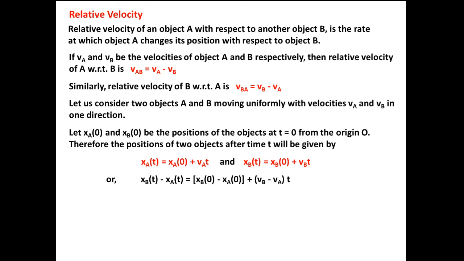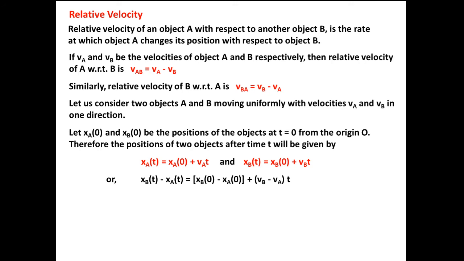Now we have to find the relative. So what will be x of B at time t minus x of A at time t? We have to subtract, then we will get x of B at t equal to 0 minus x of A at t equal to 0 plus VB minus VA into t.